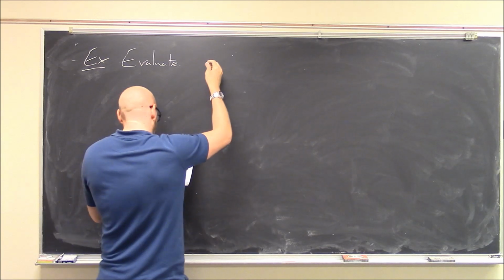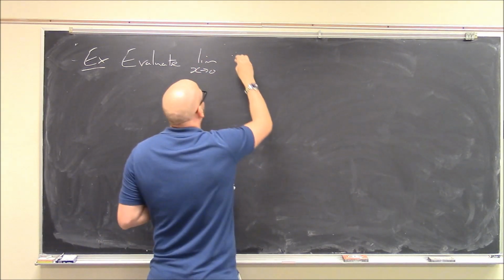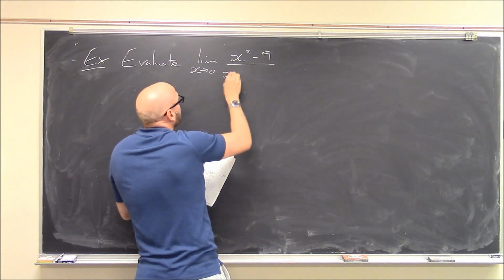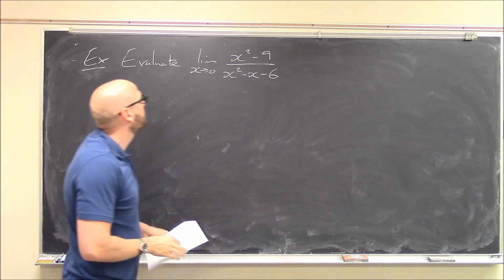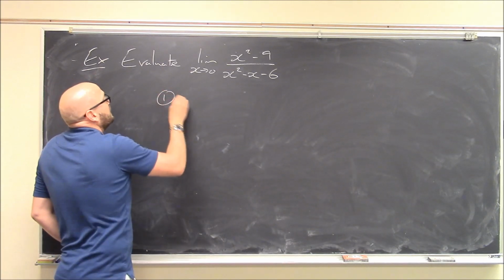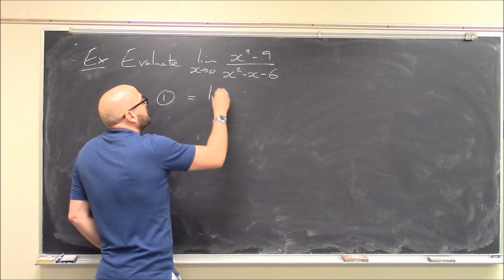Alright, we'll do one more. Evaluate the limit as x goes to 0 of x squared minus 9 over x squared minus x minus 6. So again, step 1, if you really want to follow limit laws very precisely, what you could do is break this into two limits.